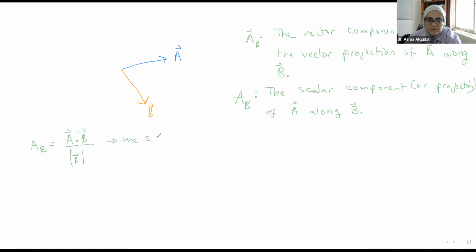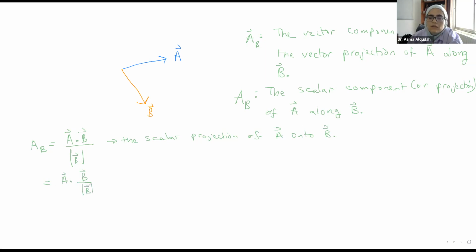The scalar projection of A along B, or onto vector B. Now, we can write this equation in another way: A dot B divided by its magnitude.